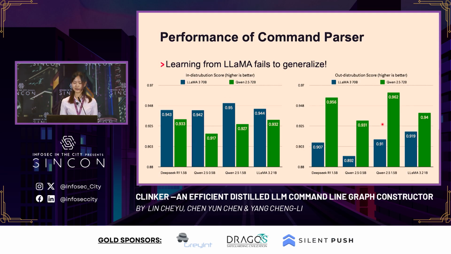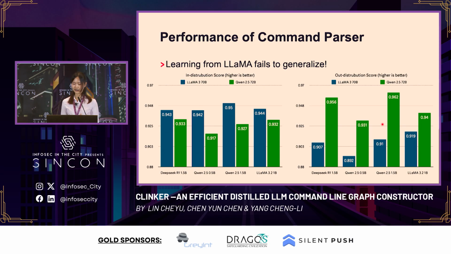We compare the performance of small LLMs distilled from command parser data generated from Llama 3 70 billion and Qwen 2.5 72 billion. The in-distribution data, which corresponds to the chart on the left-hand side, are synthetic data used for training and evaluation and are generated by multiple LLMs, while the out-distribution data is for testing, which is a subset of a really large dataset released by DARPA.